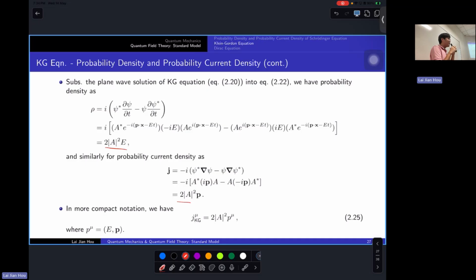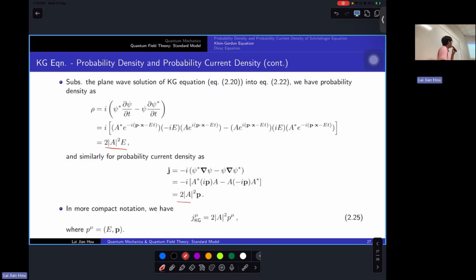In classical mechanics, we discard the negative energy solution because it does not match our equation, because most of the time the particles are in positive energy. But in quantum equation, if we are not discarding the negative energy solution and we substitute it into the probability density here, you will find that the probability density is negative.